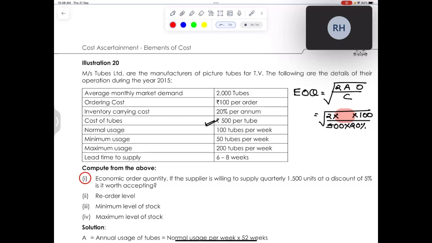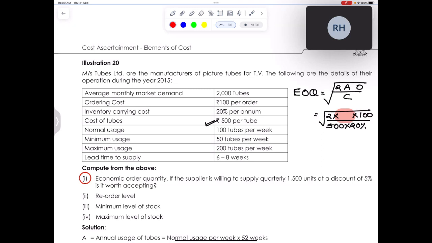Some students consider 2000 units. Some students consider that since it's monthly and I require annual, it is 24,000 units. But my dear student, 2000 units, or multiplied by 12, 24,000 units, is not the annual requirement of raw material. It's the demand of finished goods.